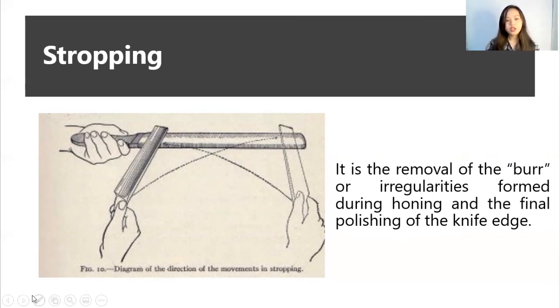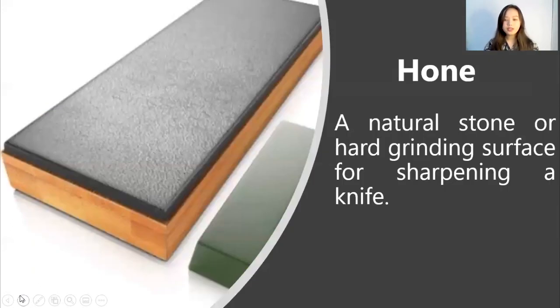Now, if you're wondering what is this equipment used in sharpening the knife, it is a hone. Now, a hone is a natural stone or hard grinding surface for sharpening a knife. So, as you can see in this picture, this is an example of a hone.